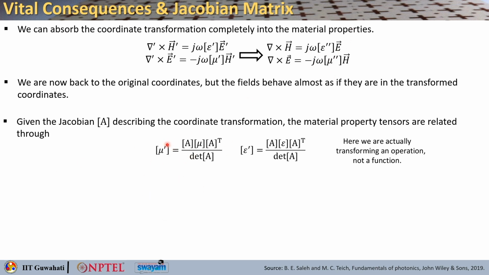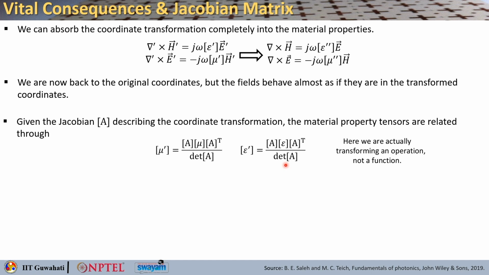I am basically talking about the new material property. So I am just writing mu prime, that is the new material property tensor, will look like A mu A transpose divided by determinant of A, and then epsilon prime will be equal to A epsilon A transpose divided by determinant of A.